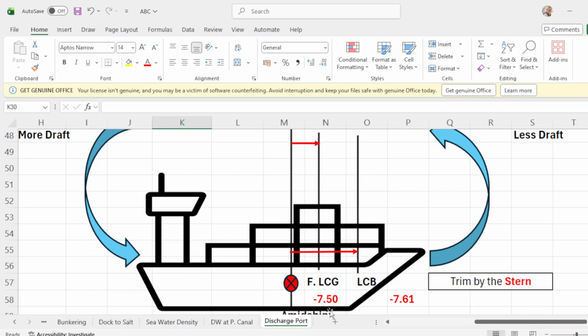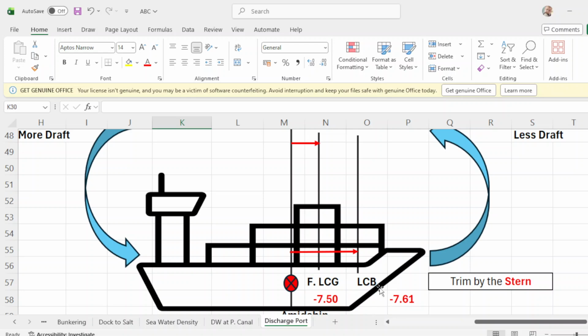Your final LCG is negative 7.50, so from amidship you measure 7.50 up to this vertical line, that will be your final LCG. Your LCB is a little bit longer, negative 7.61. From amidship you measure 7.61, this will be the vertical line of your LCB, meaning it is ahead of your final LCG.